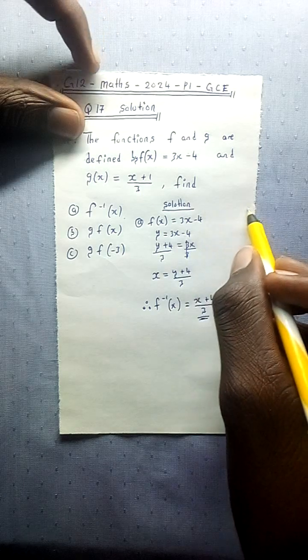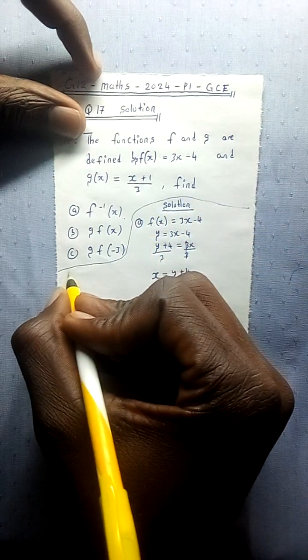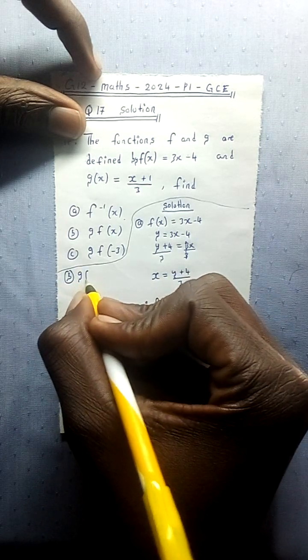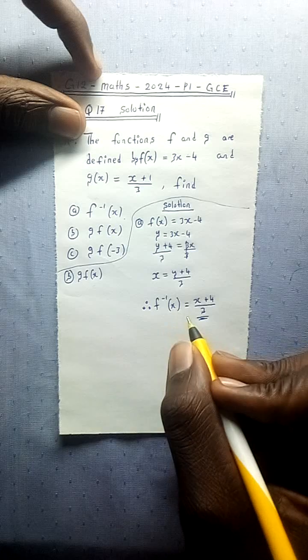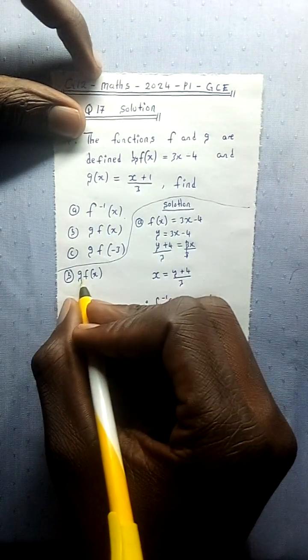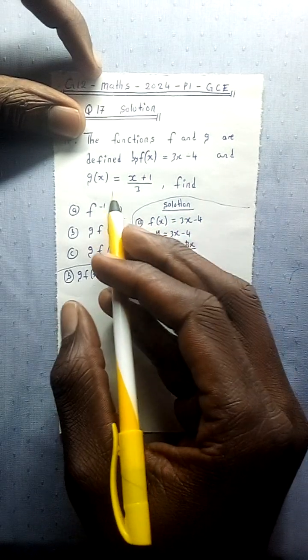Okay, so for part B, they want us to find g f of x. How do we handle such a problem? Well, the first thing that appears is g, so we are going to get the function for g.